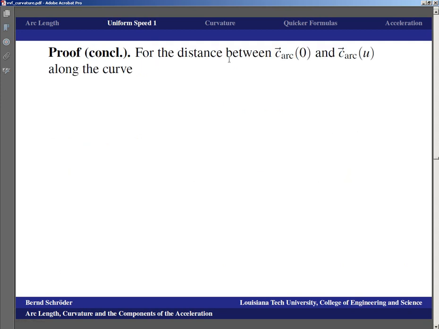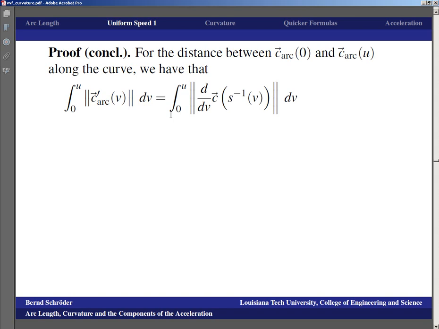And that means that the distance between c arc of 0 and c arc of u along the curve is the integral from 0 to u of the norm of c prime arc of v dv. That would be the derivative of the reparametrization with respect to the arc length. That will be the integral from 0 to u of the norm of d dv of c of s inverse of v dv.